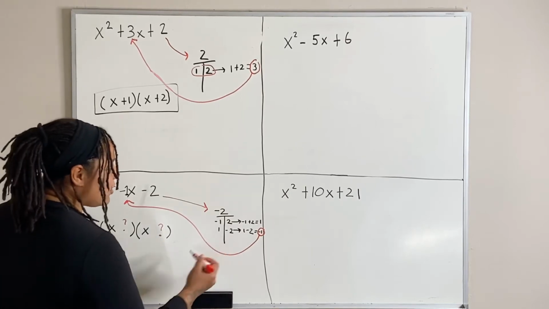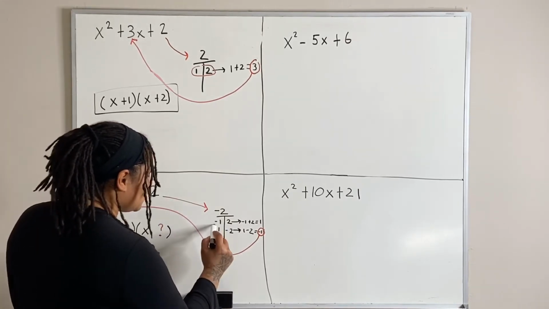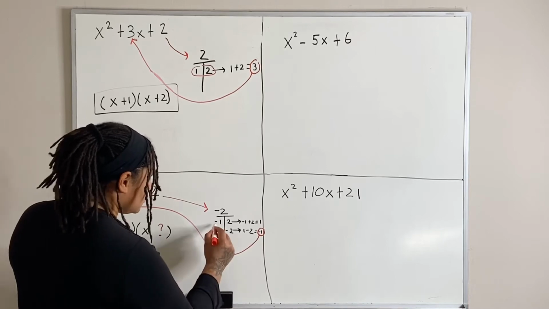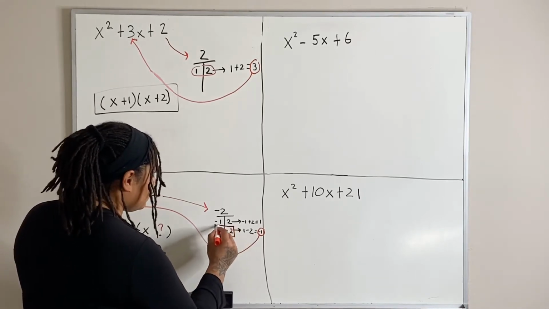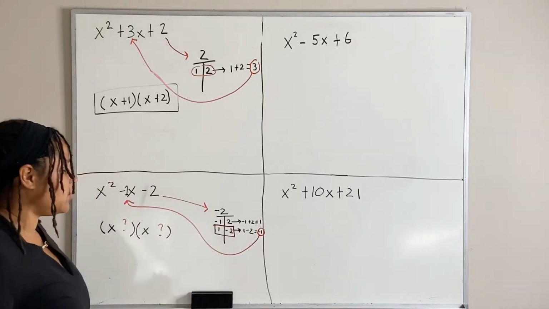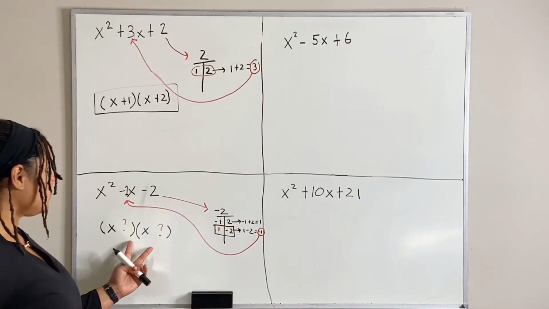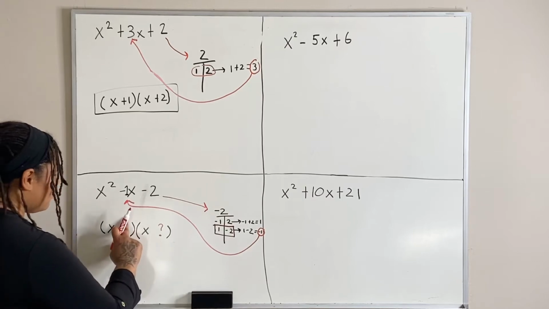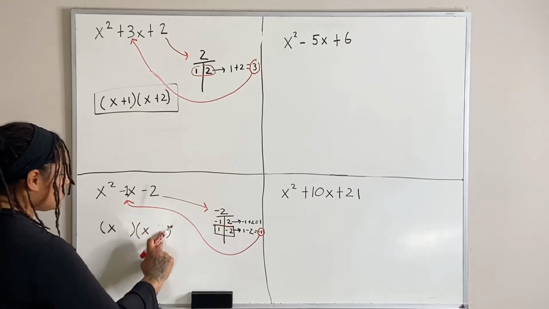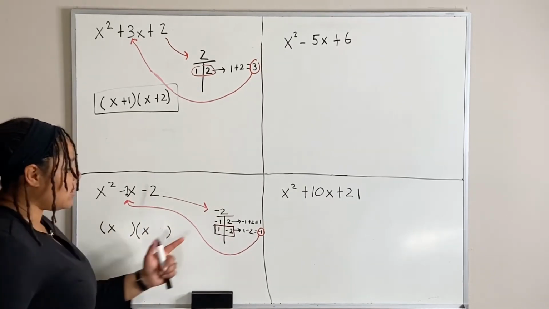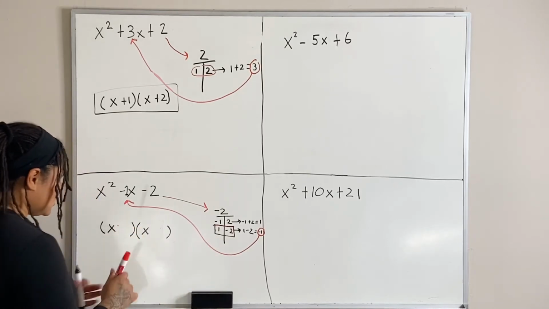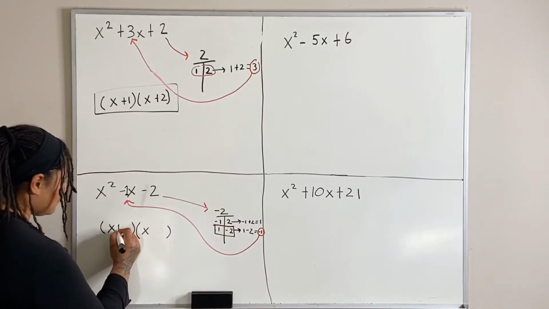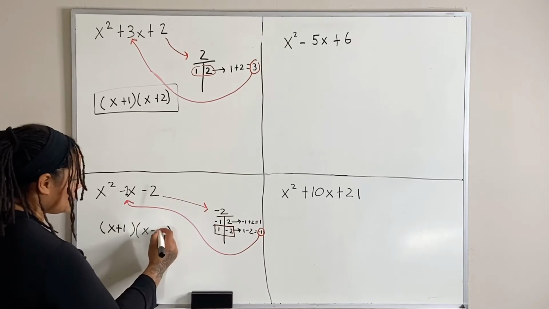Therefore, we're choosing these numbers, 1 and negative 2, to put into our binomials here. So I can go ahead and erase the question mark, and we know that we're going to put a positive 1 and a negative 2 here.